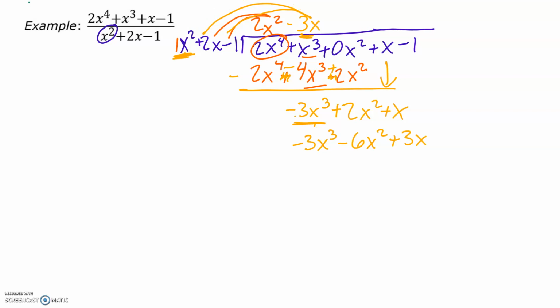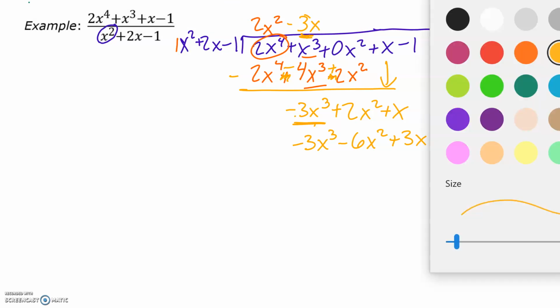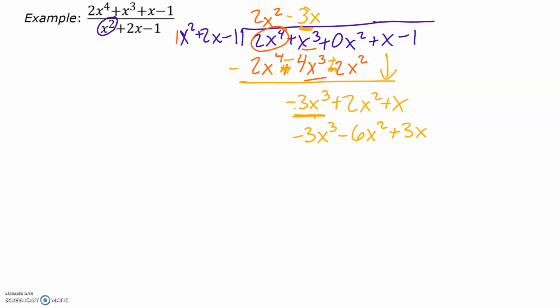Okay, I'm going to erase all these lines. Next step, we're going to subtract. So I'm going to draw the line and subtract these terms. If we are subtracting, remember to distribute that negative, so this would become a positive value, and this would become negative.